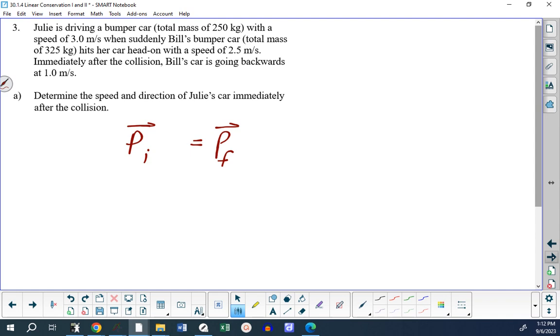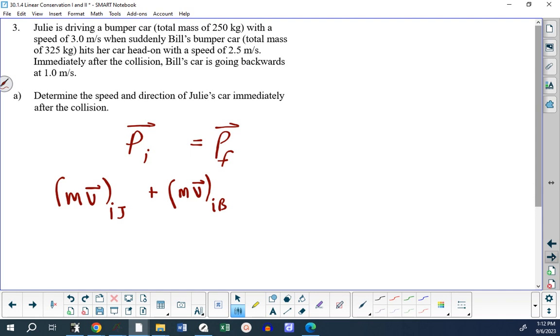And then we build the formula. Is Julie's bumper car moving before they collide? Sure. That means we're going to have an MV before, and that is Julie. Is Bill's car, does it have momentum before? Yes, MV, and this is before, and this is Bill.